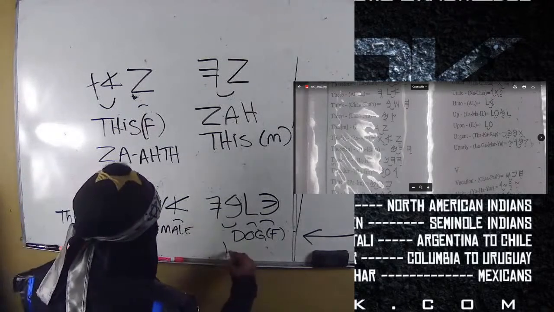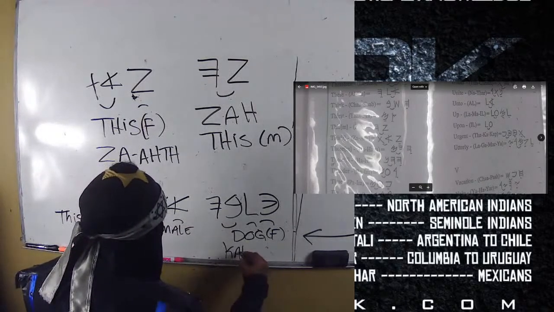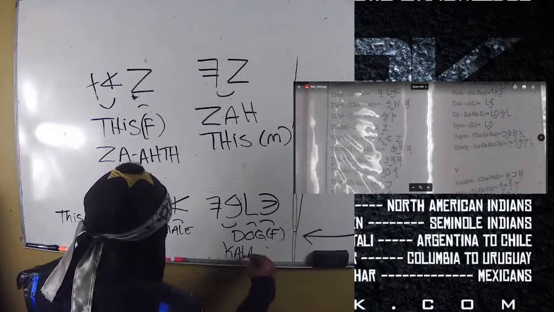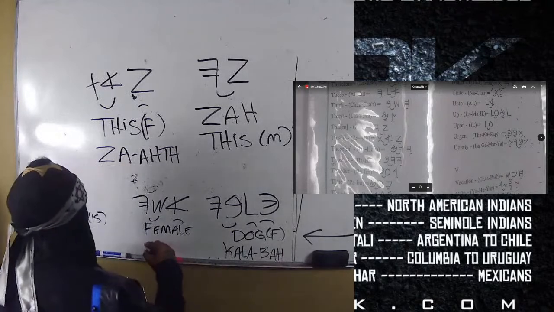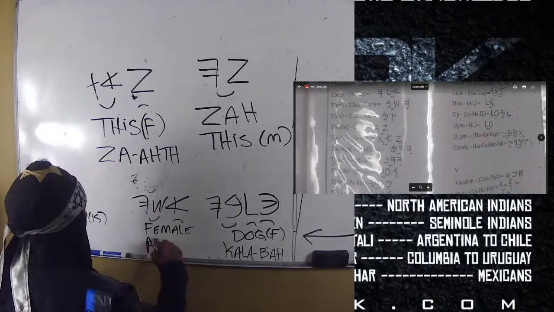Female. So you got Kalaba, then you got Asha.